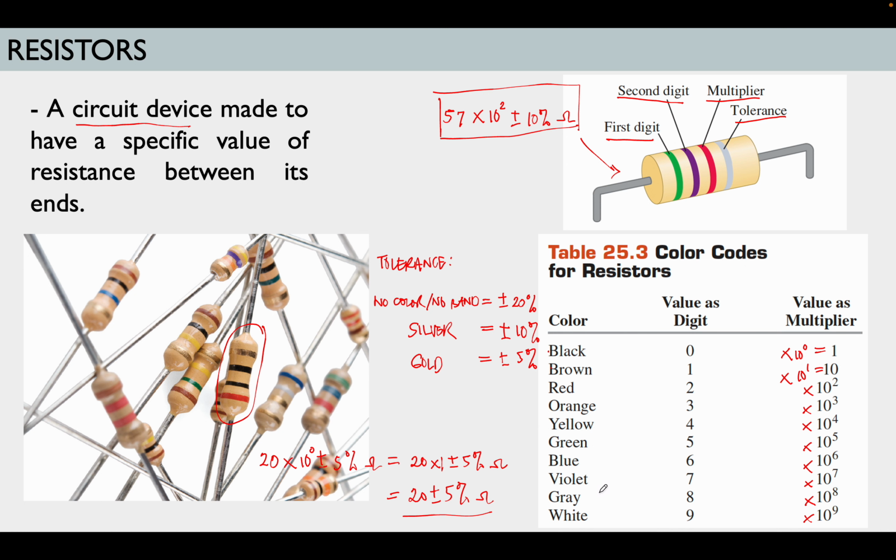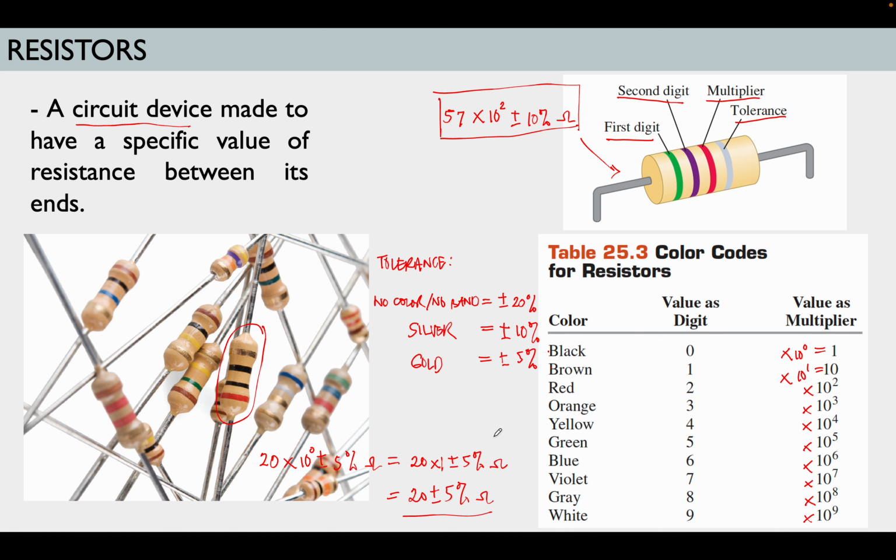From black to white, the value as digit is from 0 to 9, as well as for the multiplier, which is times 10 to the power of 0, 1, 2, 3 up to 9. And for the tolerance, we only have 3, which is no color or no band, the silver, and also the gold. That is how you would determine the resistance of a specific resistor based on its color.